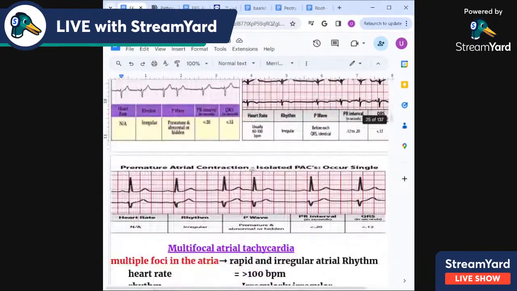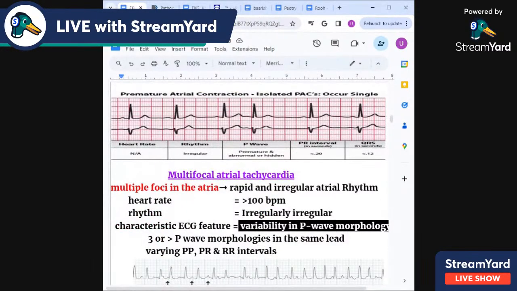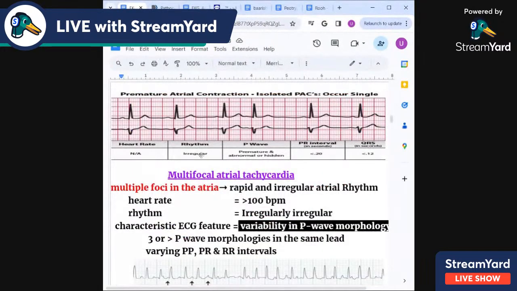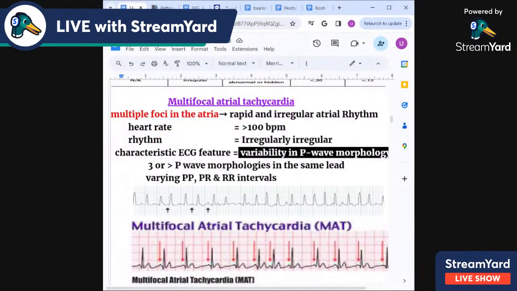And the next cause of irregular rhythm is multifocal atrial tachycardia. Here, irregular rhythm, and then multifocal atrial tachycardia, irregular rhythm. So here we have multiple foci in the atria, multifocal atrial tachycardia. It causes rapid and irregular atrial rhythm. The heart rate is more than 100. Rhythm is irregularly irregular.